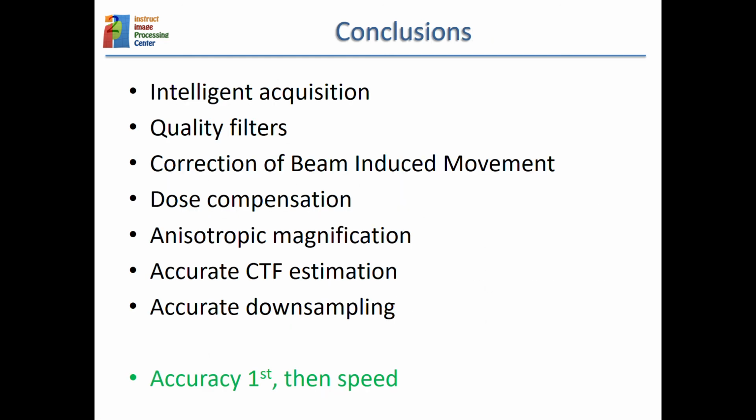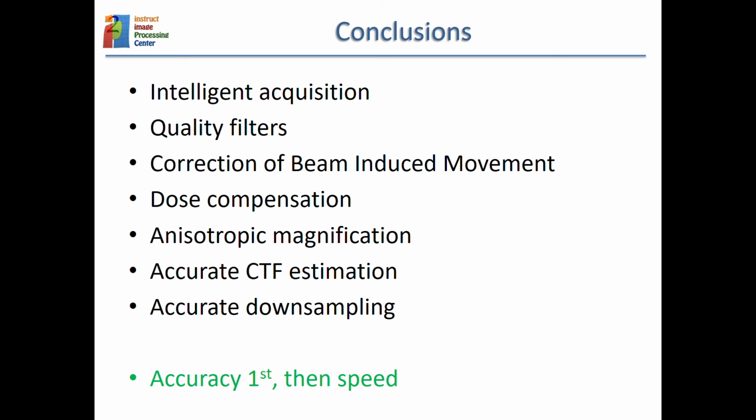So in conclusion, let us say that there are many ideas related to the intelligent acquisition and efficient use of the electron microscope, and there are a lot of algorithms to estimate the quality of the different micrographs. And the beam-induced movement correction was actually one of the main steps forward to have high resolution.